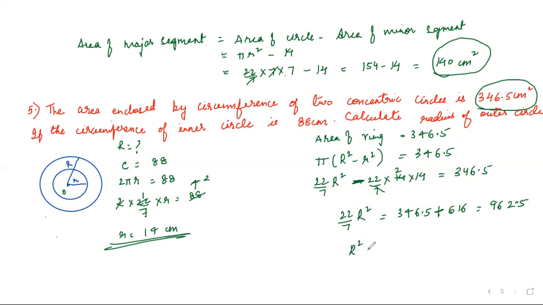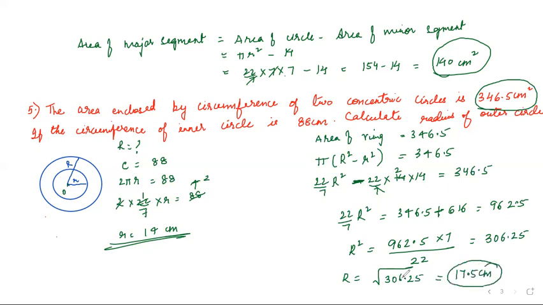So basically, R square is 962.5 into 7 divided by 22, which is 306.25. So capital R is root over 306.25, which will be equal to 17.5 centimeter. So this is the capital R, the outer radius.